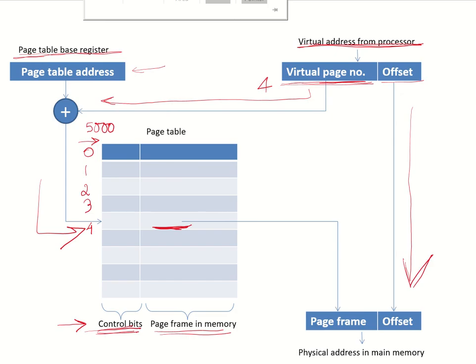Suppose virtual page number 4 was available in page frame 10 of the main memory. This page frame 10 information is available in the page table. It will be taken and converted into binary, which gives the page frame, added to the offset bits coming from the virtual address, and these together will form the physical address in the main memory.